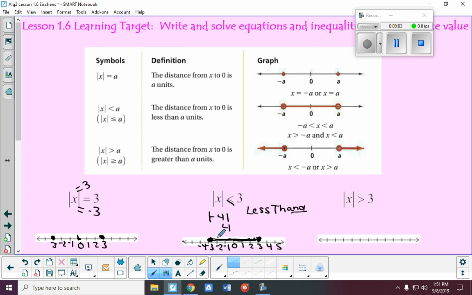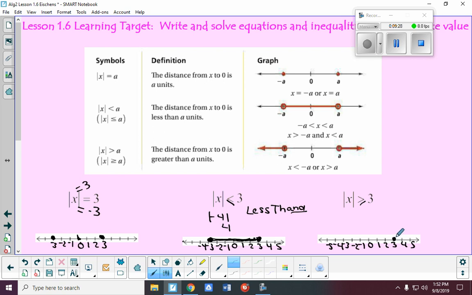So let's look at absolute value greater than. If we make our little graph or number line, the absolute value of x is greater than 3, and I'll change that to equal to also. If it was just greater, it would be an open circle at 3, but we're going to also include equal to for this problem.